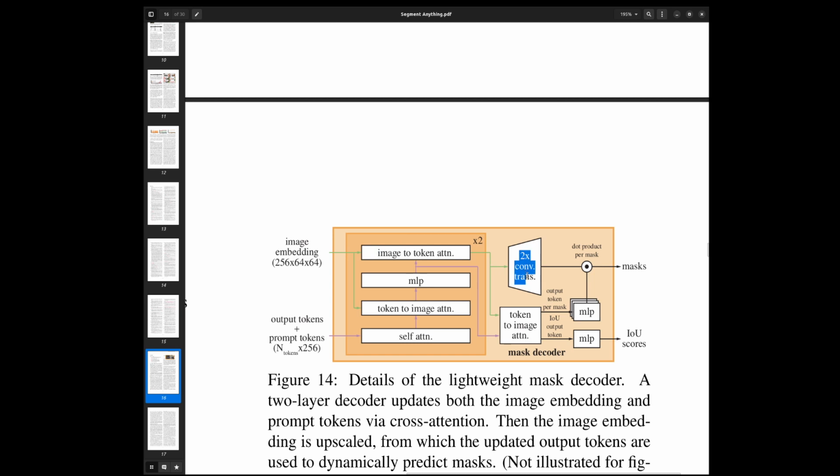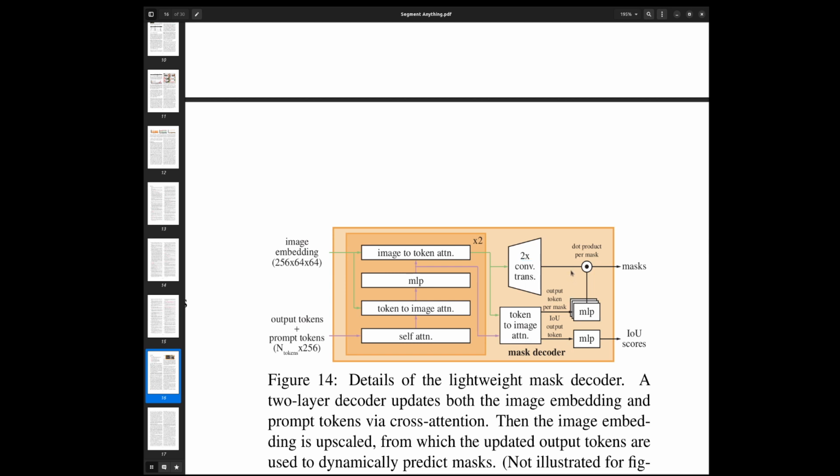Then you pass it through 2 times ConvTranspose, so you increase the resolution, so this will go to, I guess, 64 times 4.